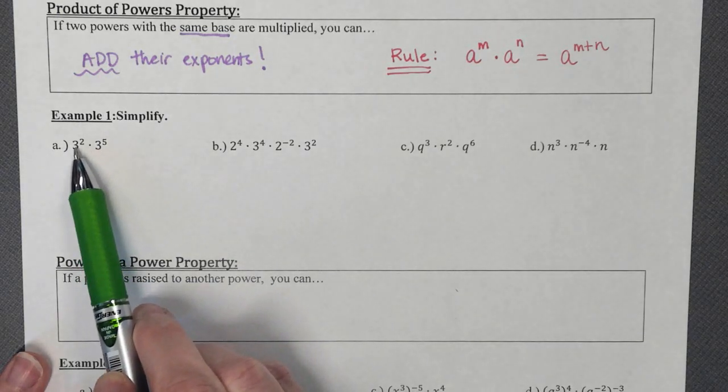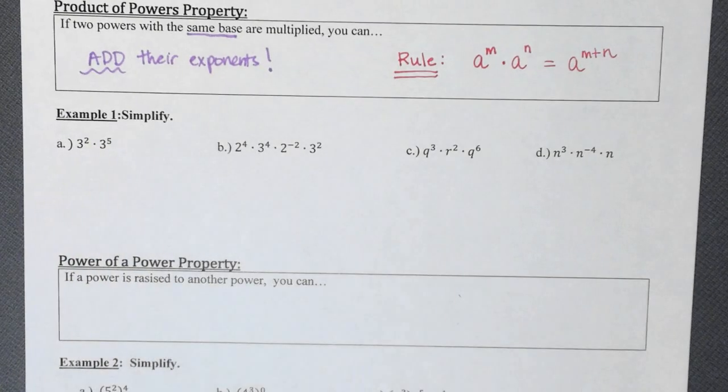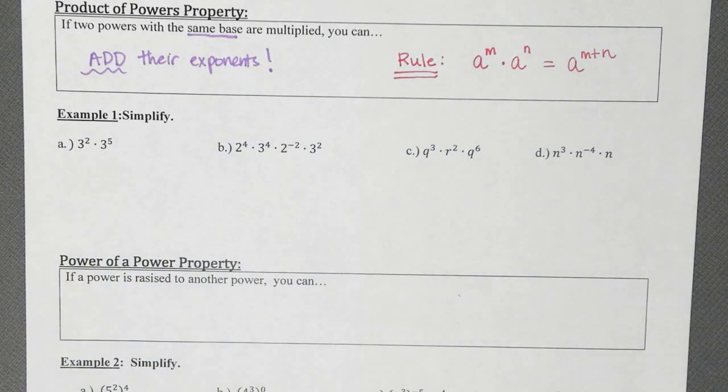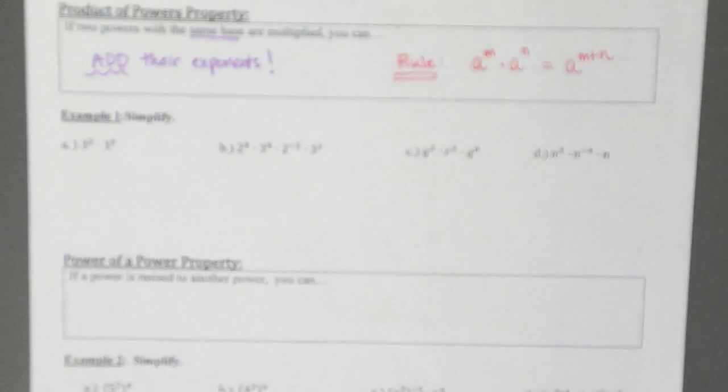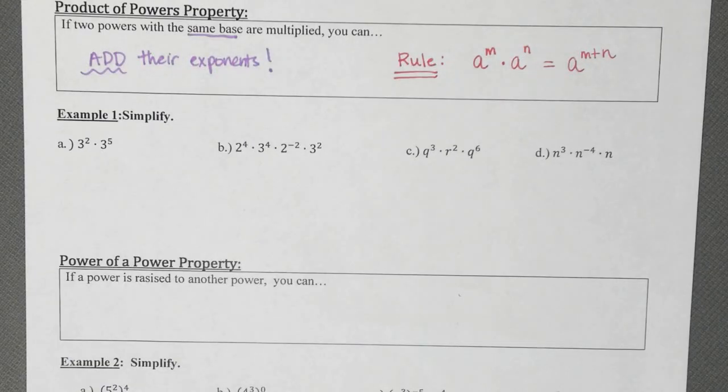All right, now in this number, which one is the base, the 3 or the 2? 3. Yep, because what would the 2 be called? Yep, the 2 would be the exponent. Okay, so does the second one have a base of 3 as well? Yep. So if they both have the same base, you are going to add the exponents together.